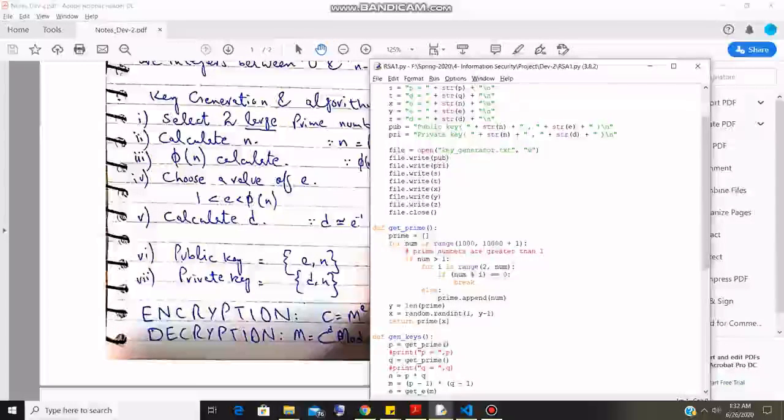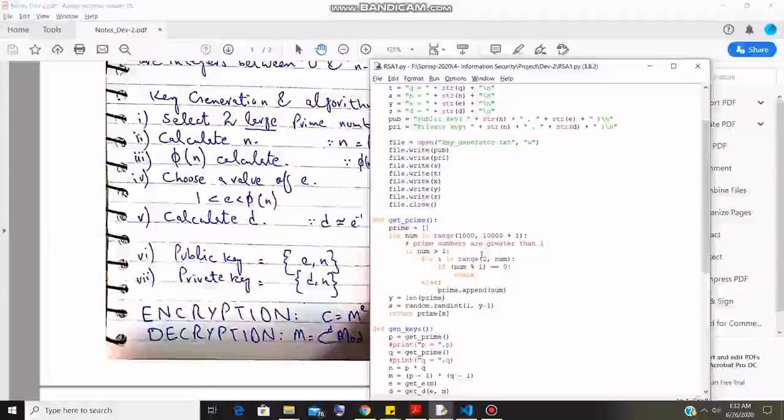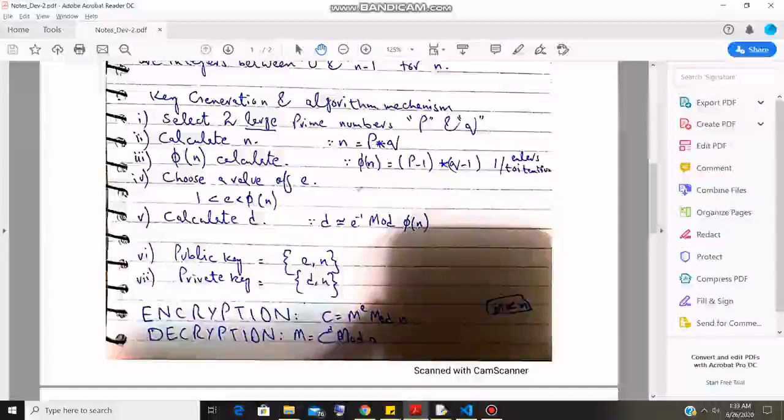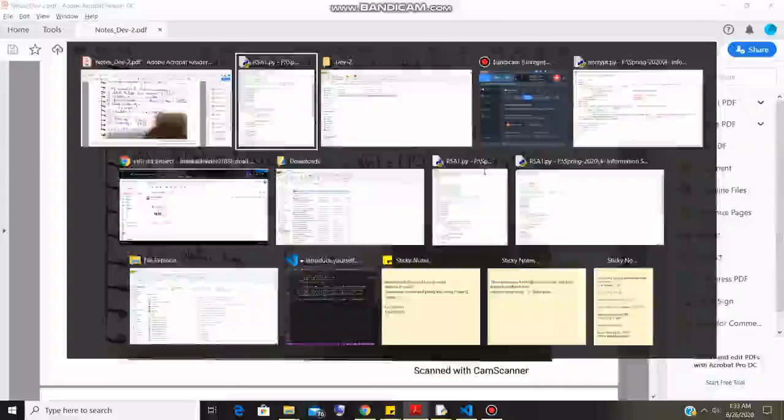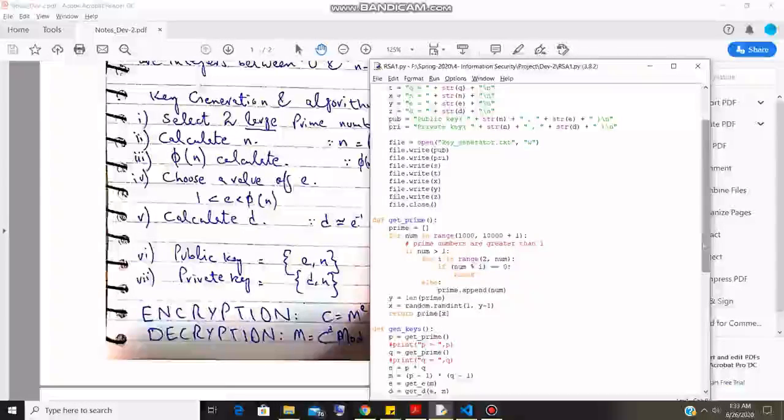Now to generate the keys we used the same formula that we used here. To calculate n we used p into q, and to calculate phi of n we used p minus 1 into q minus 1. Same thing we did here.